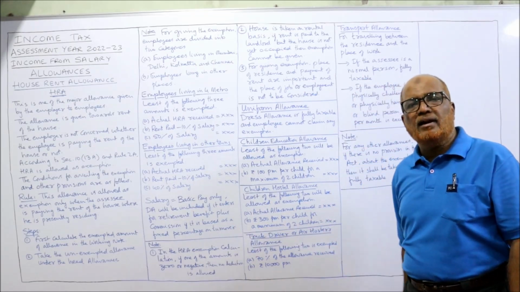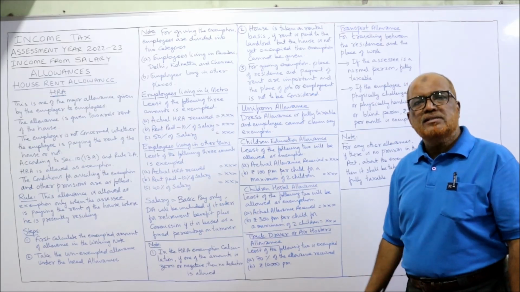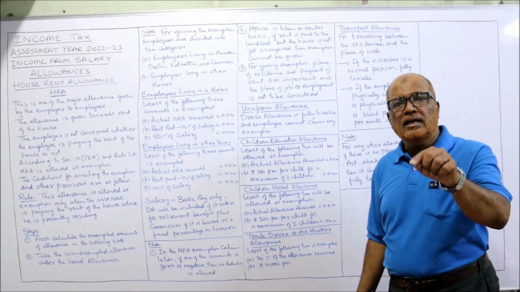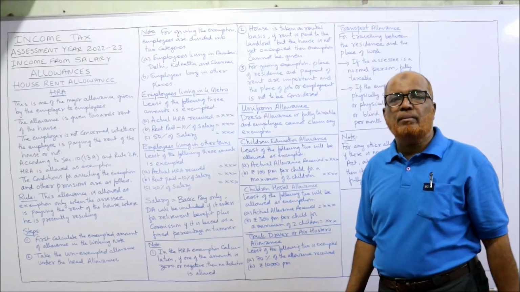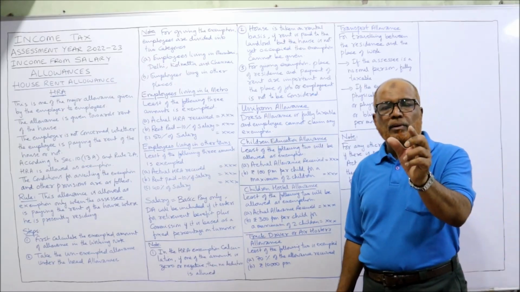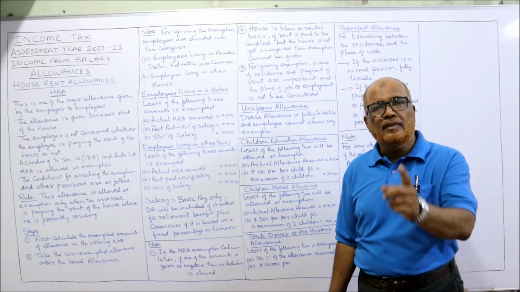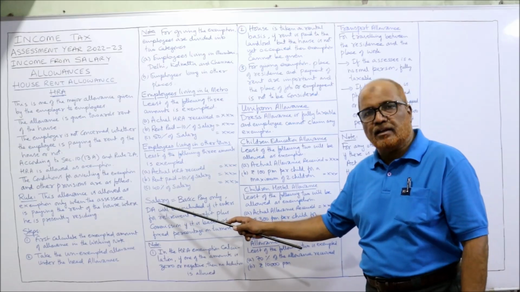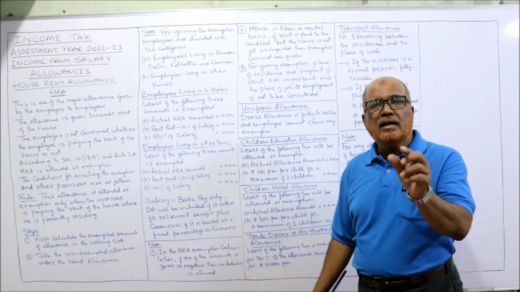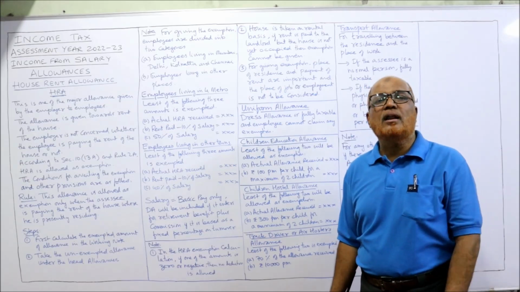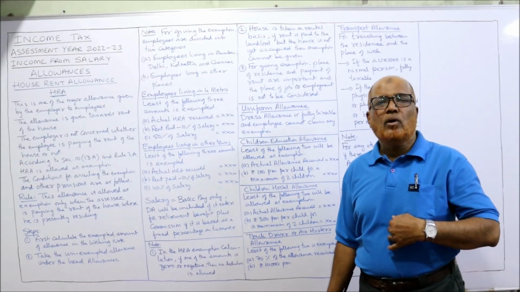But here, for calculating HRA exemption, salary means basic pay plus DA if it enters for retirement benefit. If in the problem DA is given as entering for retirement benefit, then DA should also be taken in salary here.